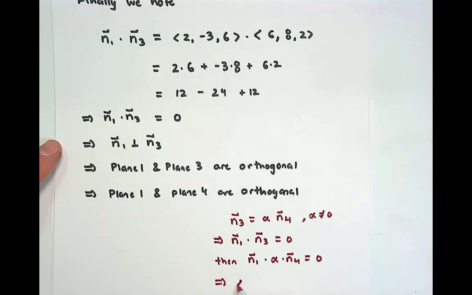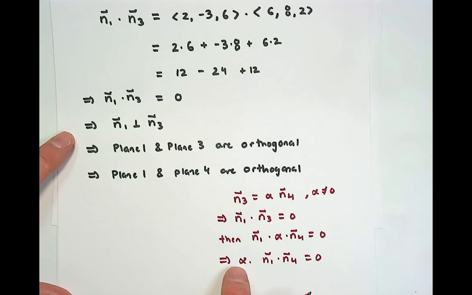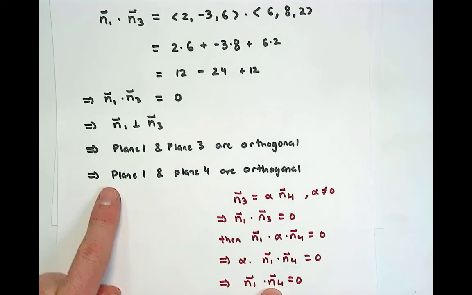And this would mean immediately that alpha times n1 dot n4 equals 0, but I know that alpha is non-zero, so this must mean that n1 dot n4 is equal to 0, which means n1 is orthogonal to n4, which means plane 1 is orthogonal to plane 4.